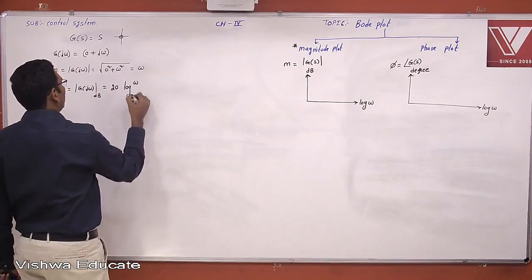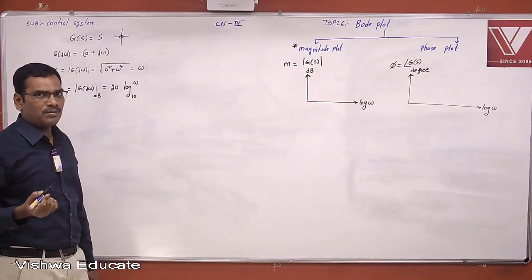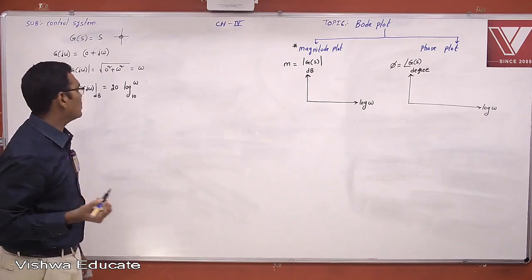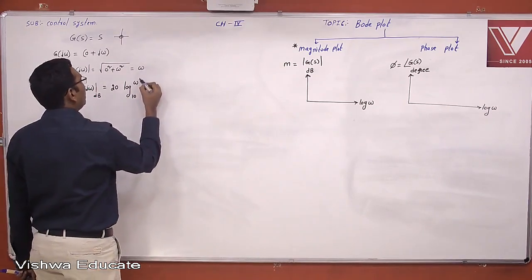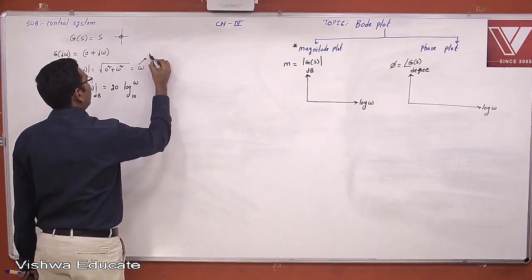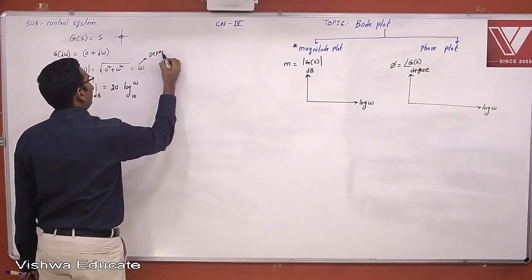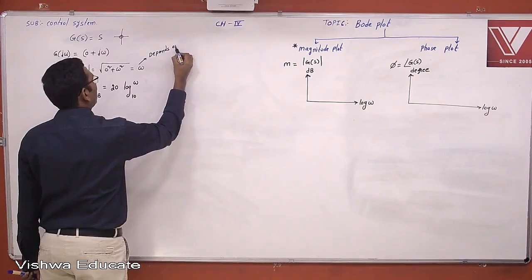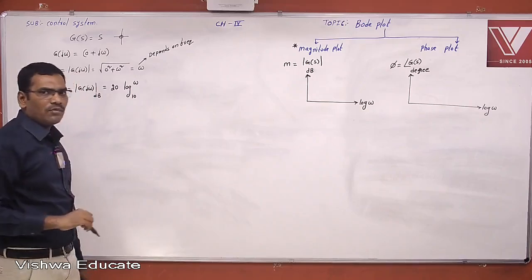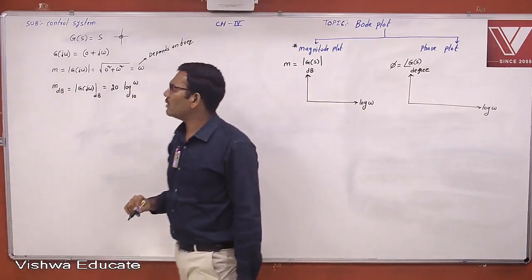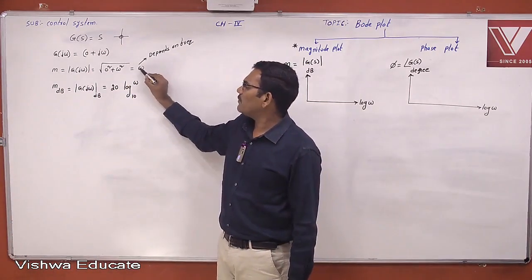Now, if you observe here, this is the frequency response of the open loop transfer function. Your magnitude depends upon frequency. Then the problem starts. When the magnitude depends upon frequency, practically how many frequencies are existing?